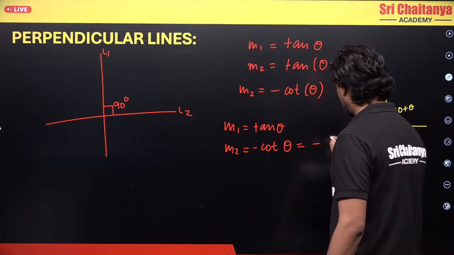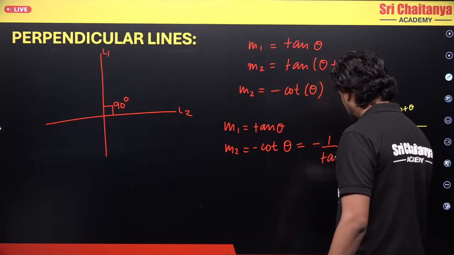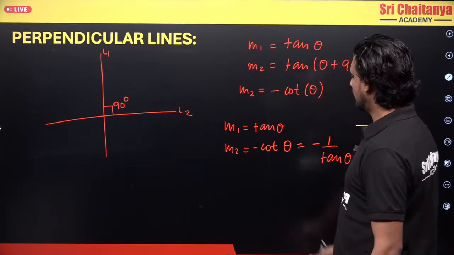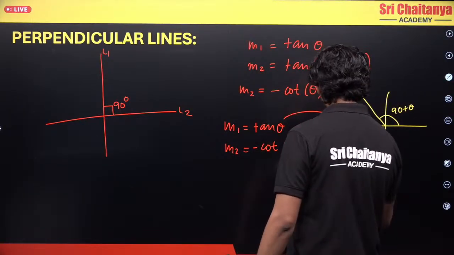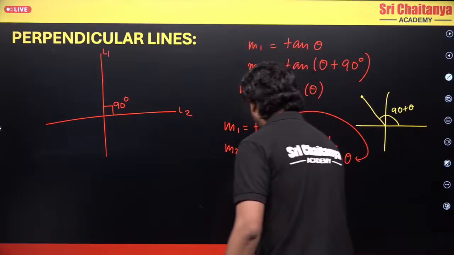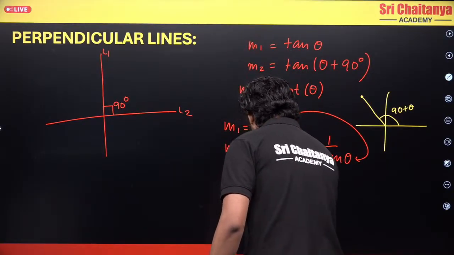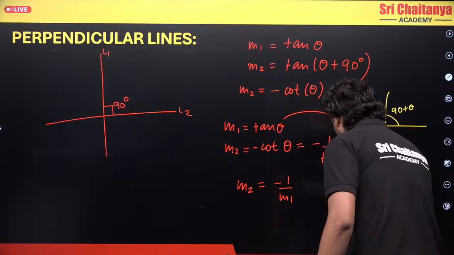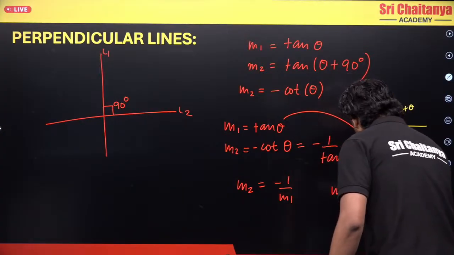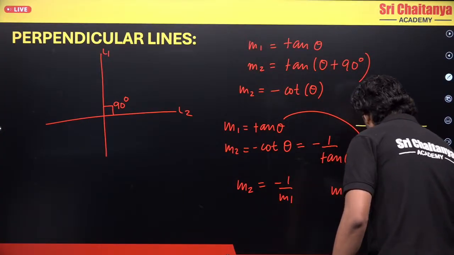I can write it as minus 1 upon tan theta, right? And I know tan theta is equal to m1. So I'll substitute the value of tan theta here. What do I get? m2 is equal to minus 1 upon m1. So what do I get from here? I get m1 into m2 is equal to minus 1.